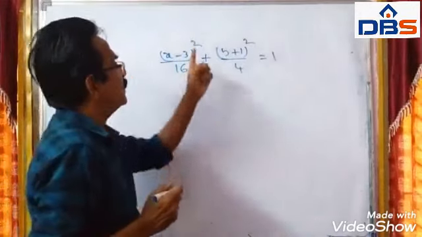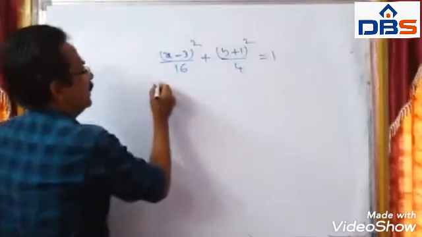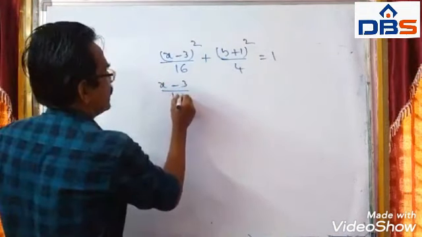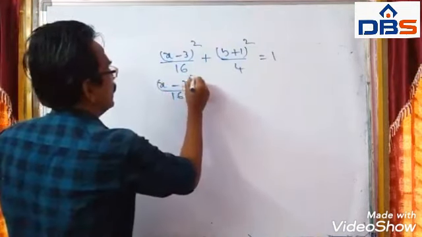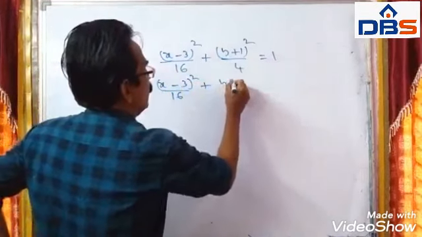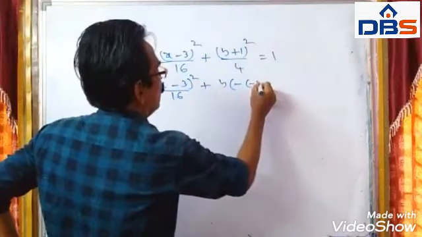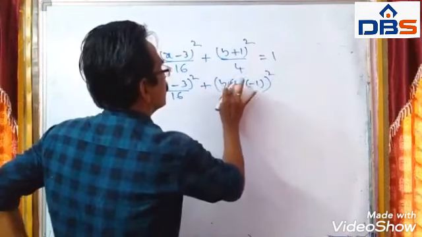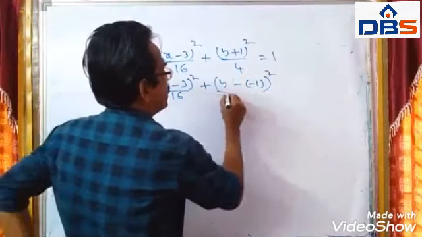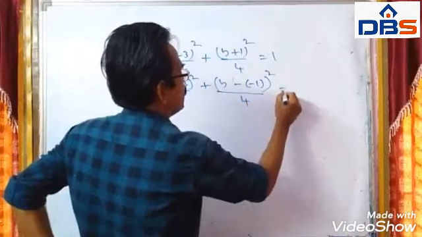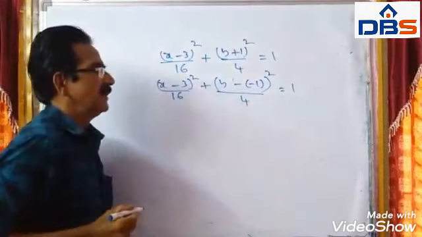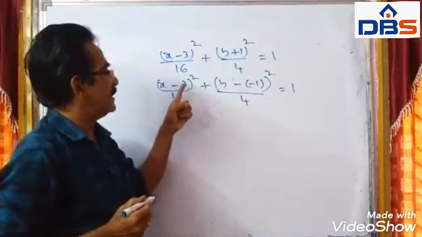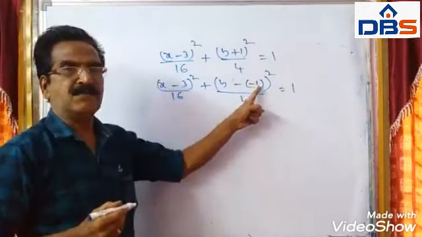Okay friends. So if this is written in the form of x minus h whole square by a square plus y minus k whole square by b square is equal to 1, then the center is 3 comma minus 1.